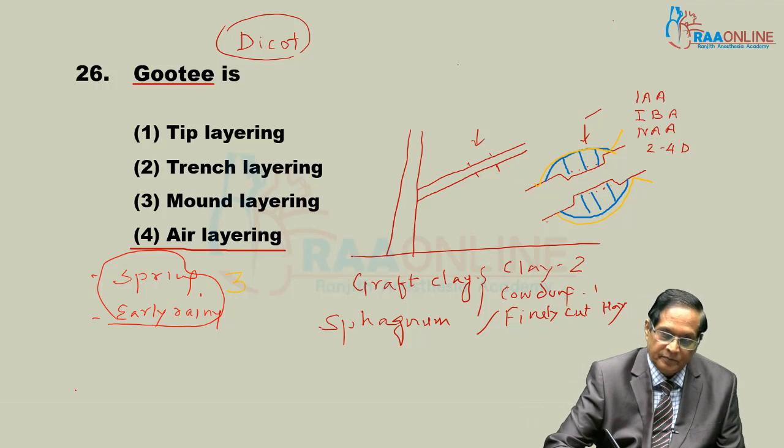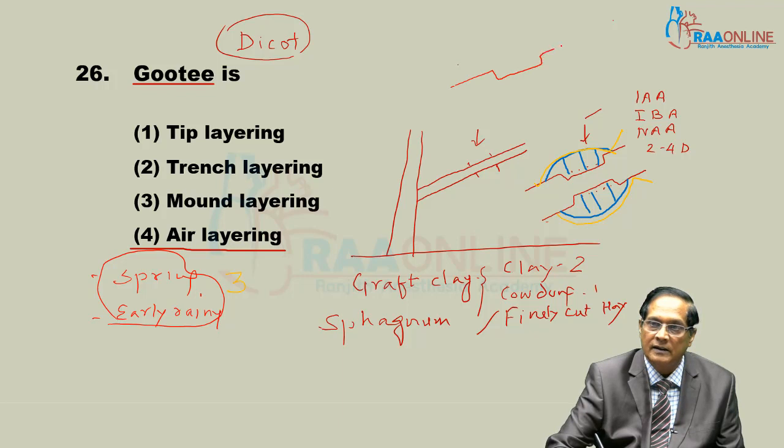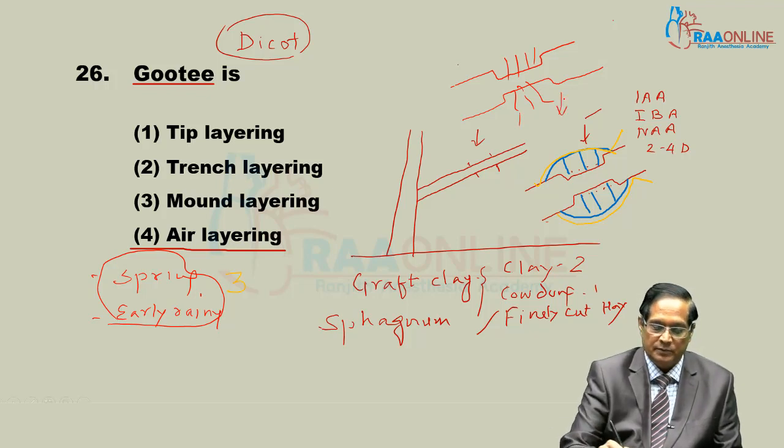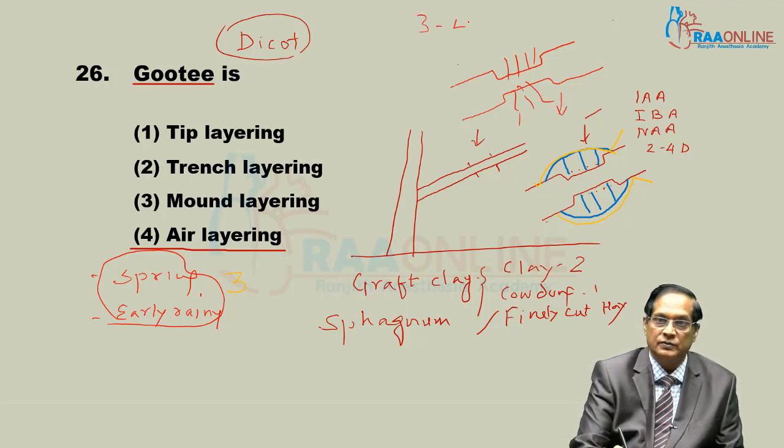After the removal of graft clay, fine thread-like structures are seen over here, but the time required is 3 to 4 months.